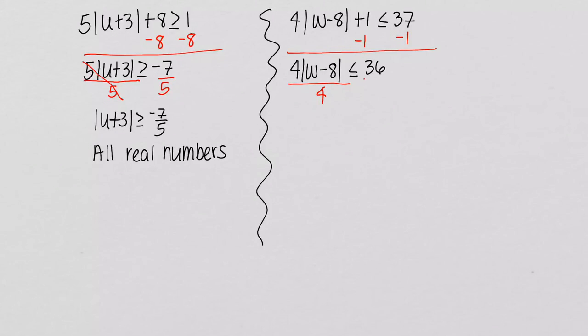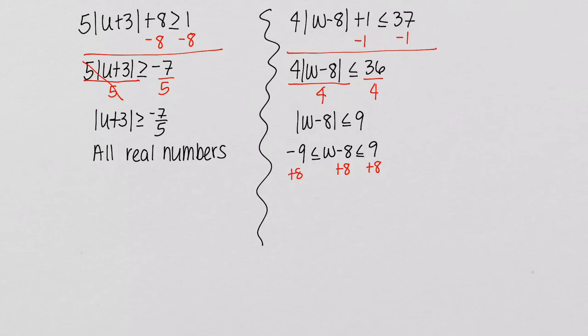Dividing both sides by 4, I have the absolute value of w minus 8 is less than or equal to 9. It's a less than symbol. It's an absolute value. So we are going to sandwich negative 9 less than or equal to w minus 8 less than or equal to positive 9.